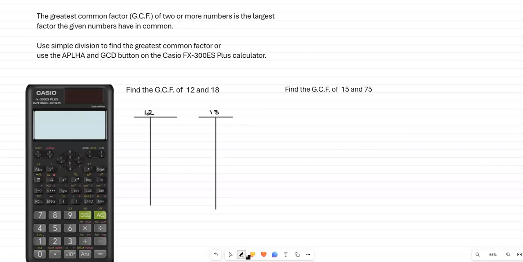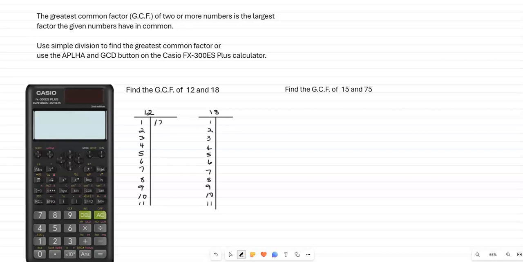All right, so we're going to list in our table on the left side 1 through 11. And then we'll go ahead and list 1 through 11 on our other table for 18. And use your calculator to divide 12 by each of these numbers.